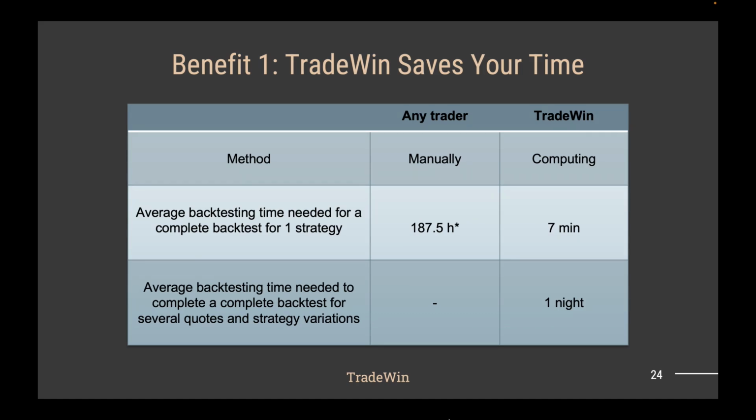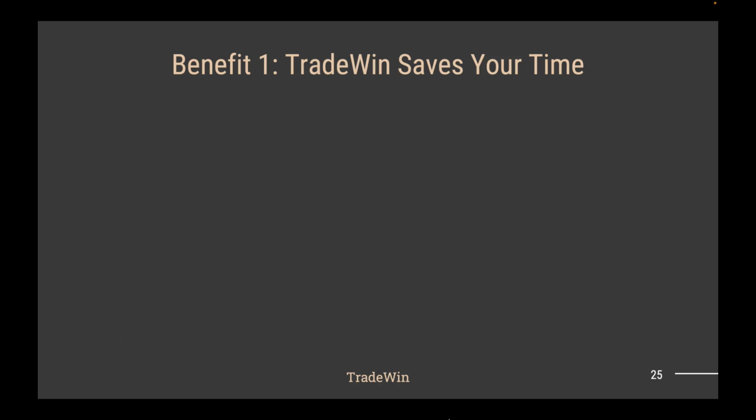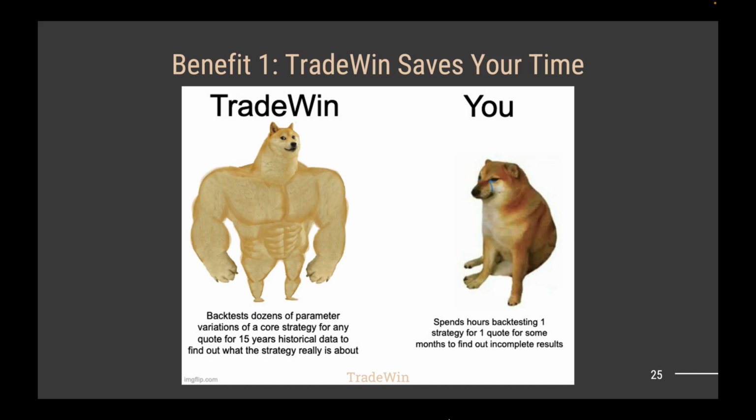Its computing power is awesome. It gives you scalability, and thanks to computing, I can accomplish more calculations in one night than anyone could do manually in their life. Once we said that, TradeWin really is a game changer in terms of backtesting power.